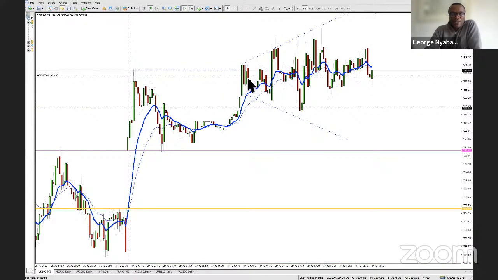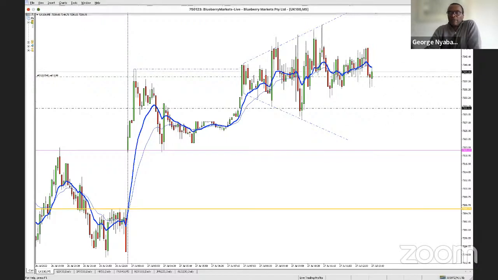I can't remember where I took my short, probably somewhere in here, and my stop is still up there. We're just going sideways, so I've got to leave it and see if the bears get the objective to get down here and test the open and maybe accelerate to test the gap. Most gaps close. We don't know if it will close today or tomorrow.